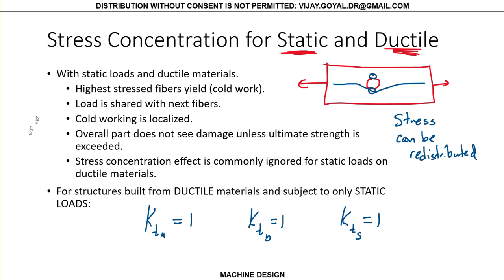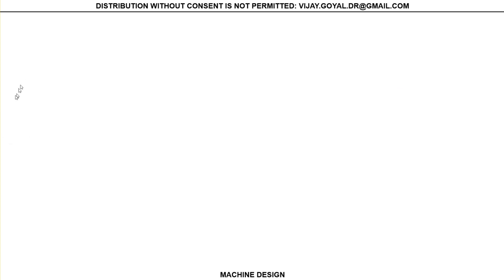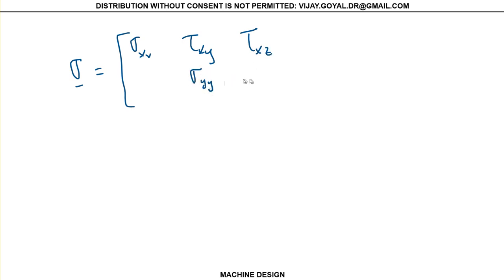We can take a three-dimensional state of stress that is completely full, where you have sigma xx, tau xy, tau xz, sigma yy, tau yz, and sigma zz.